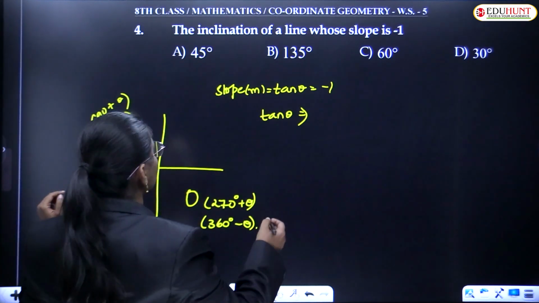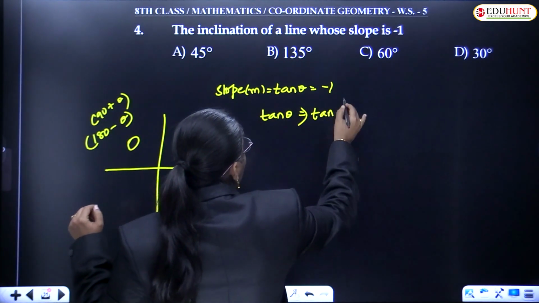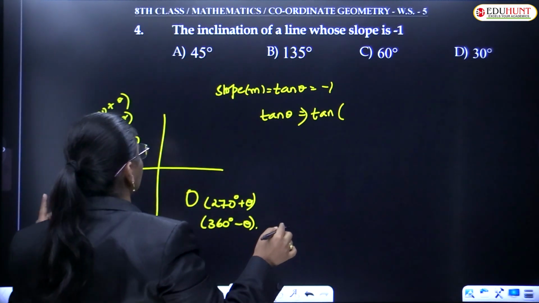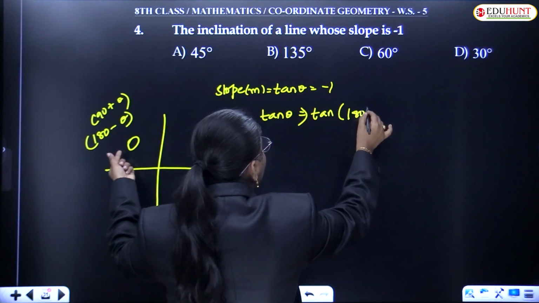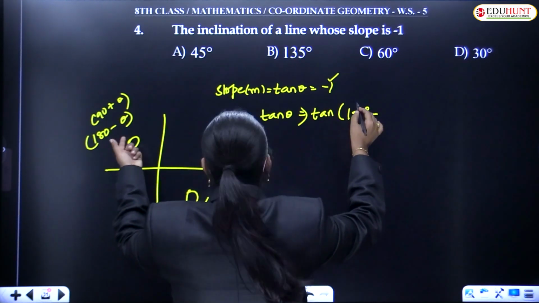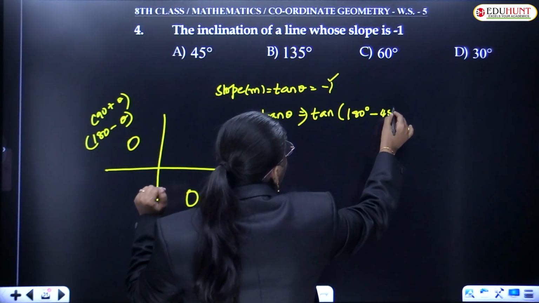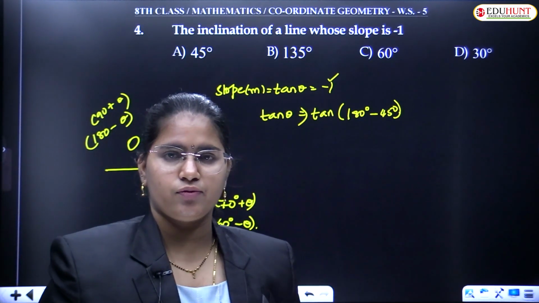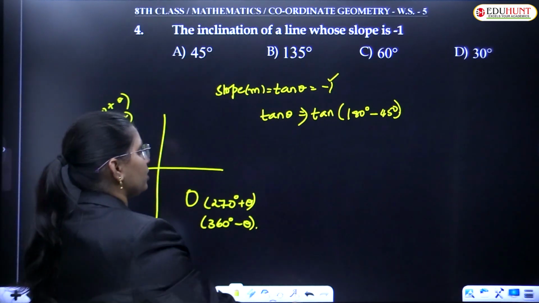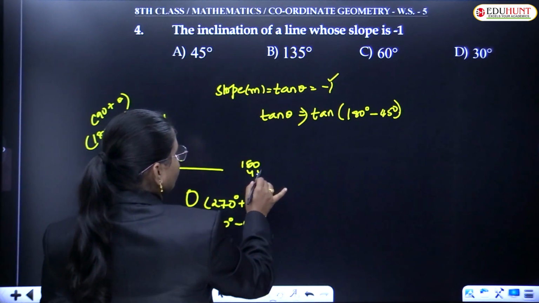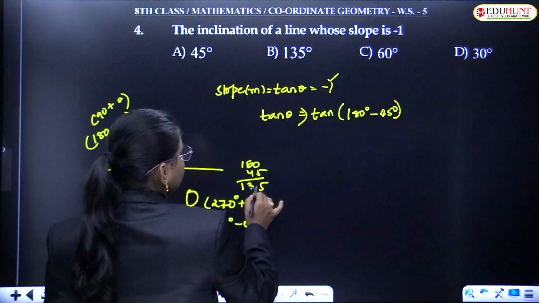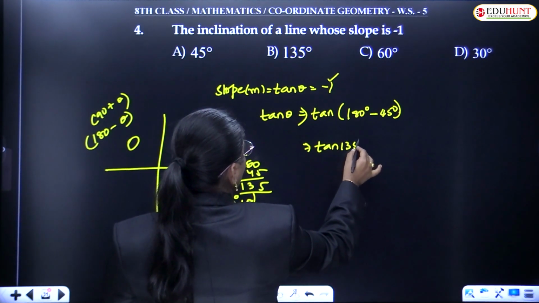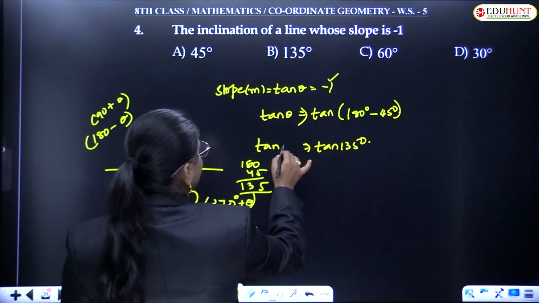Tan is becoming negative in either the second or fourth quadrant. So we write that tan of 1 is tan 45, so we take 180 minus 45. Theta here is 45 degrees. 180 degrees minus 45. What is 180 minus 45? It is 135. So tan 135 degrees is equal to tan theta.